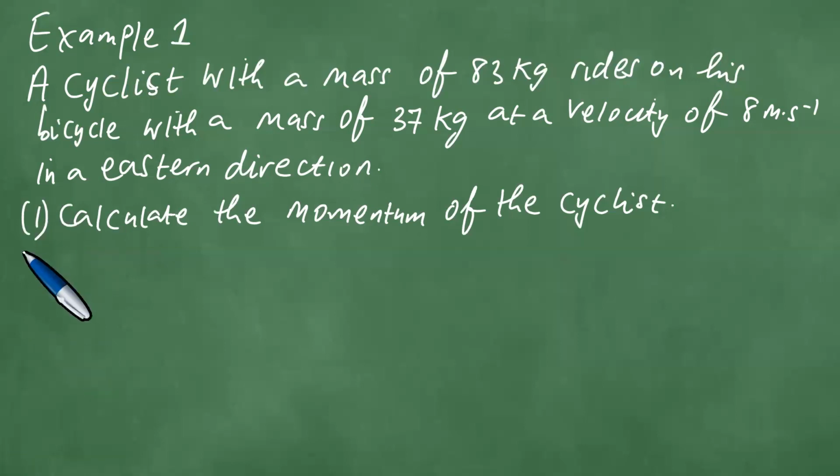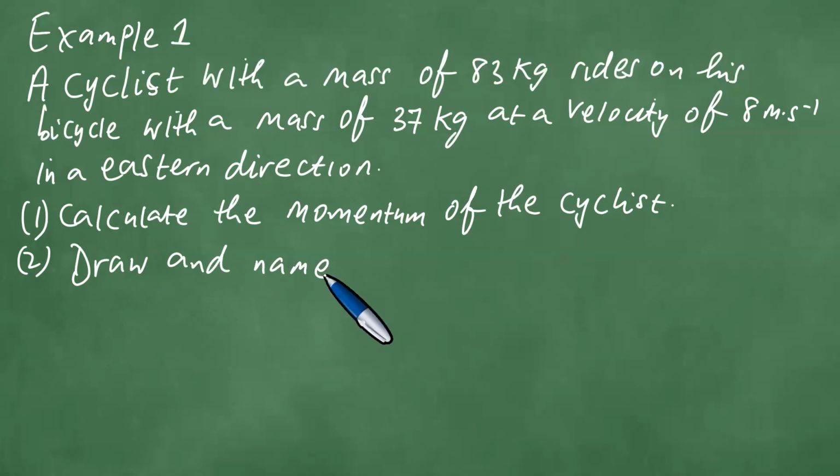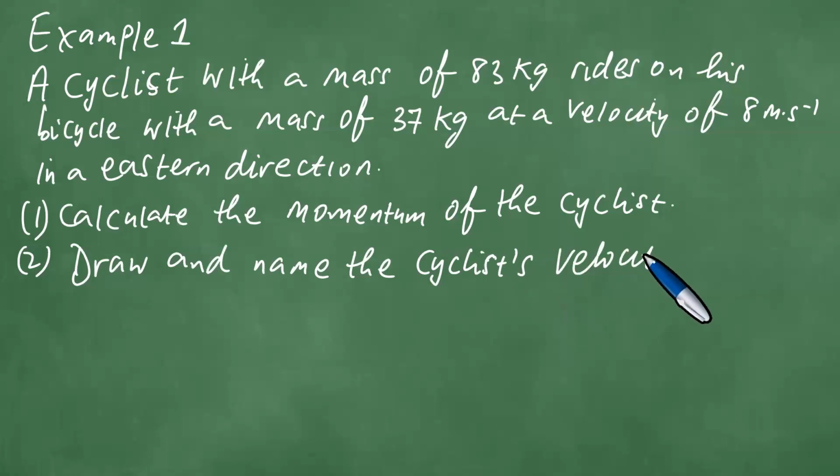So yes, we need to calculate the momentum of the cyclist. Question 2: you must be able to draw and name the cyclist's velocity and momentum vectors.